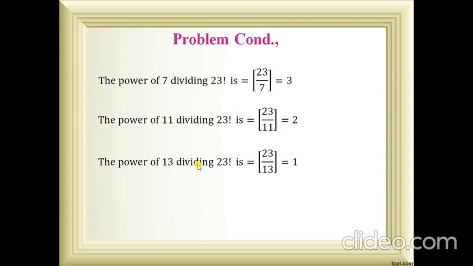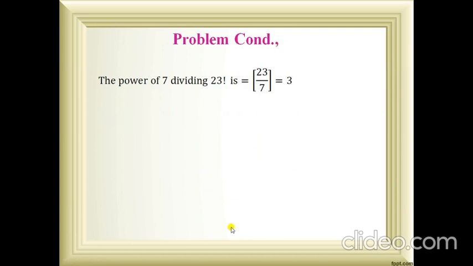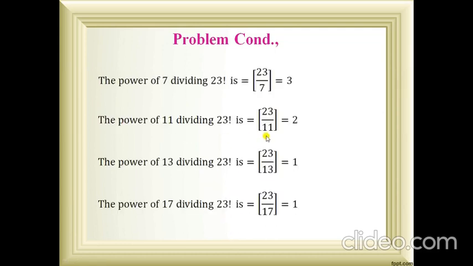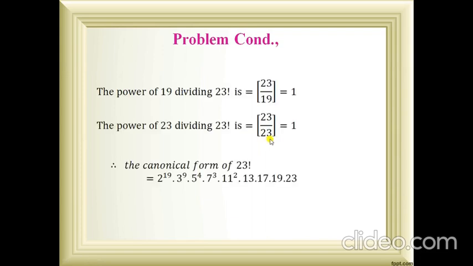So the power of 13 dividing 23 factorial is 23/13, which is 1 time, because this closed bracket represents the ceiling of the answer. This may give some 1 point something, so we take only the ceiling of this answer for all the terms, so we get the whole value, not a decimal one.